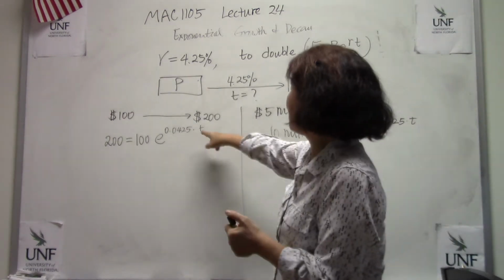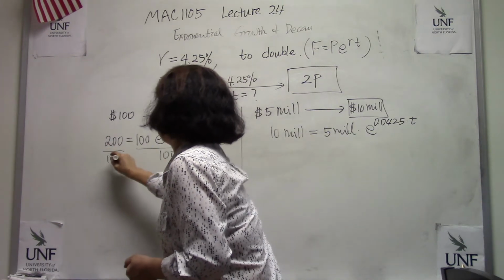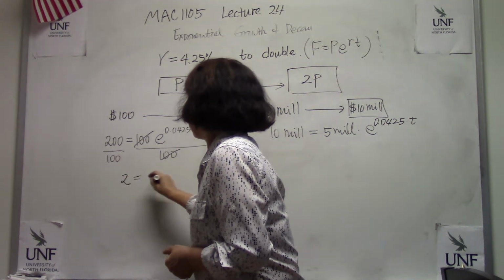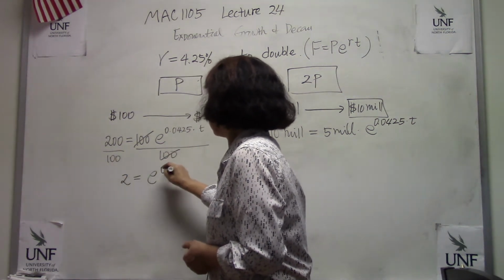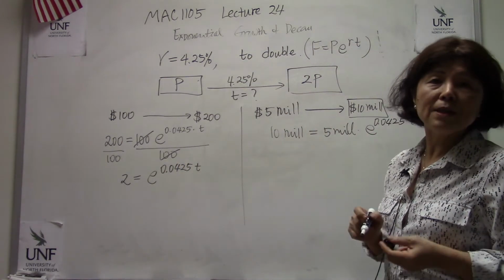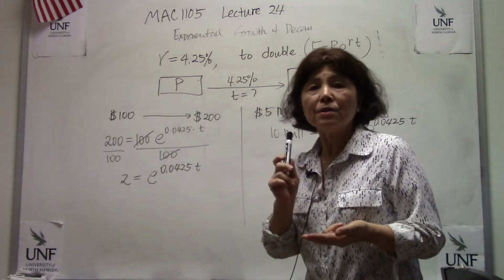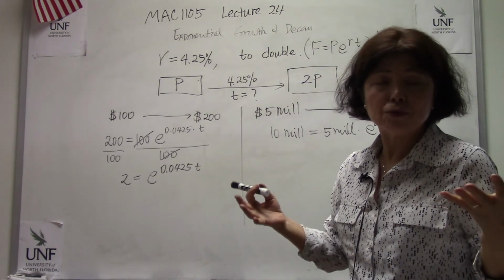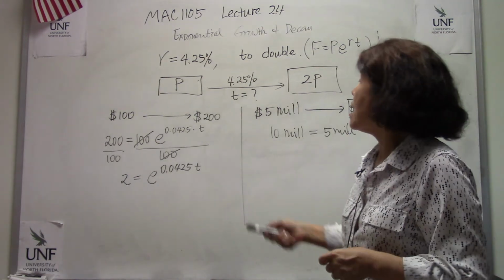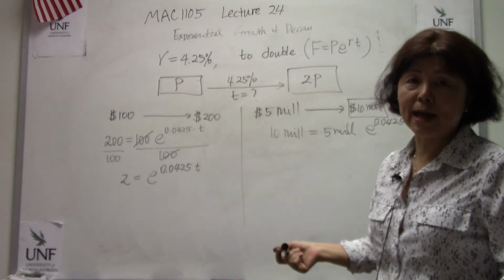Well, we want to find the value of T, but what do we do first? Yeah, we are going to divide both sides by 100. So that gives you 2 equals 2 e to the 0.0425 t. How do you solve this equation? Yes, so let's now talk about your future. If you take business calculus because you want to go to business school, study some finance or accounting stuff, you are going to see this problem, a very, very popular problem in the finance area.